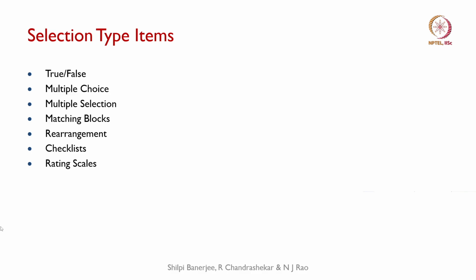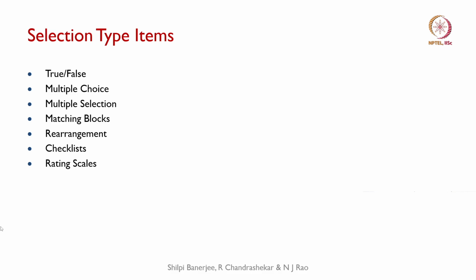Let's say you are given 4 or 5 choices, out of which you have to select one, what you consider as the correct one. Multiple selection, maybe out of 4 or 5 you have to select 2 correct ones. Then matching blocks is also one selection type of item.